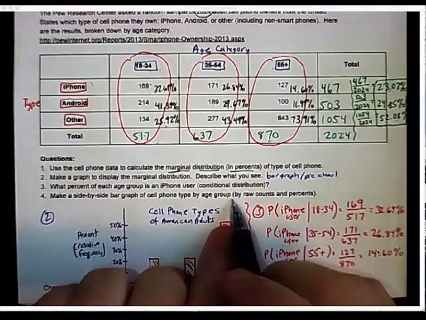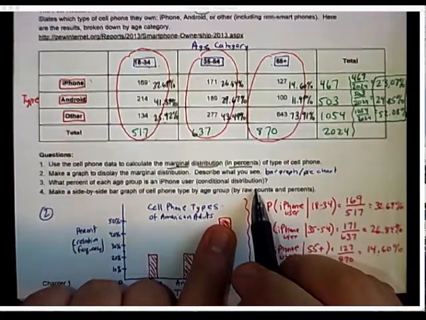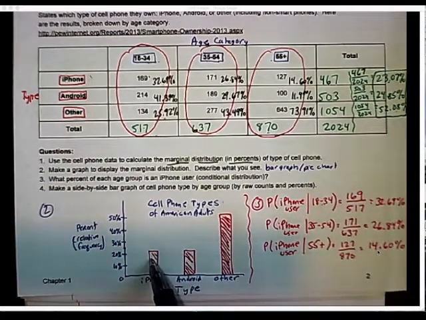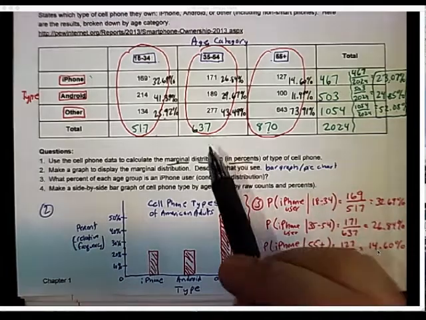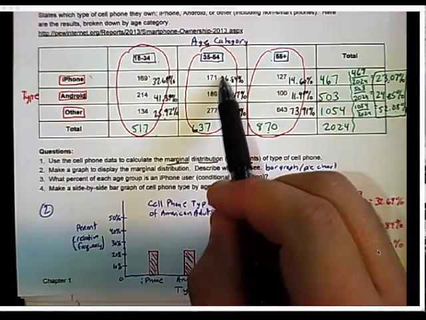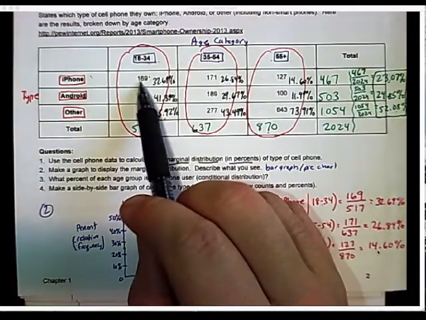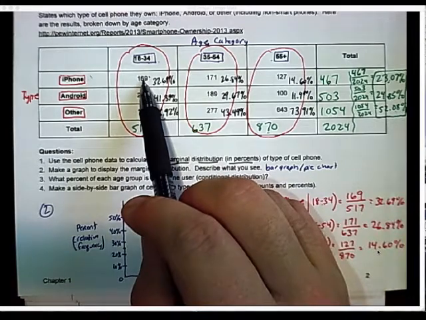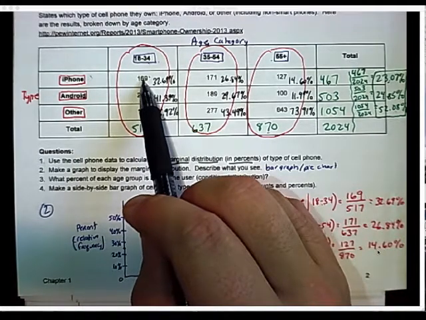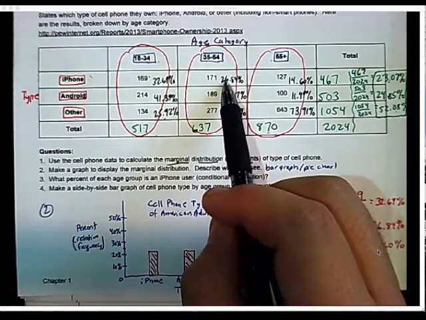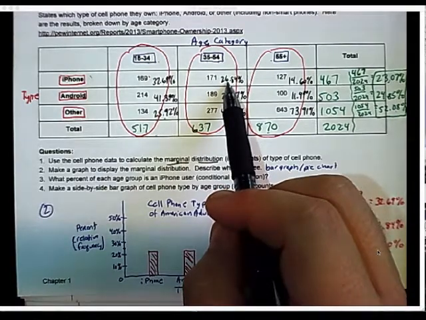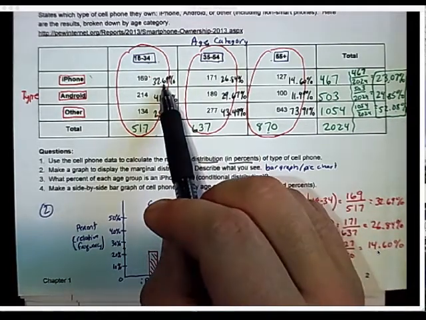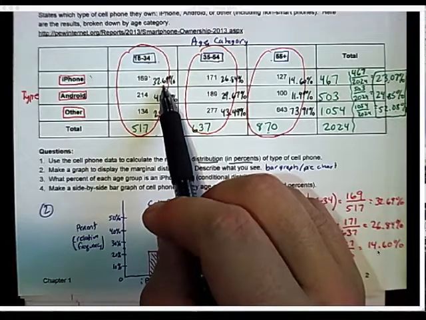If we do things by raw counts, things are not relative to each other anymore. So for example, if I just did it by raw counts, 171, that bar would go higher than 169. But in terms of relative percents, in this age group, this is only 26% of the age group, while it's 32.69% of this age group.